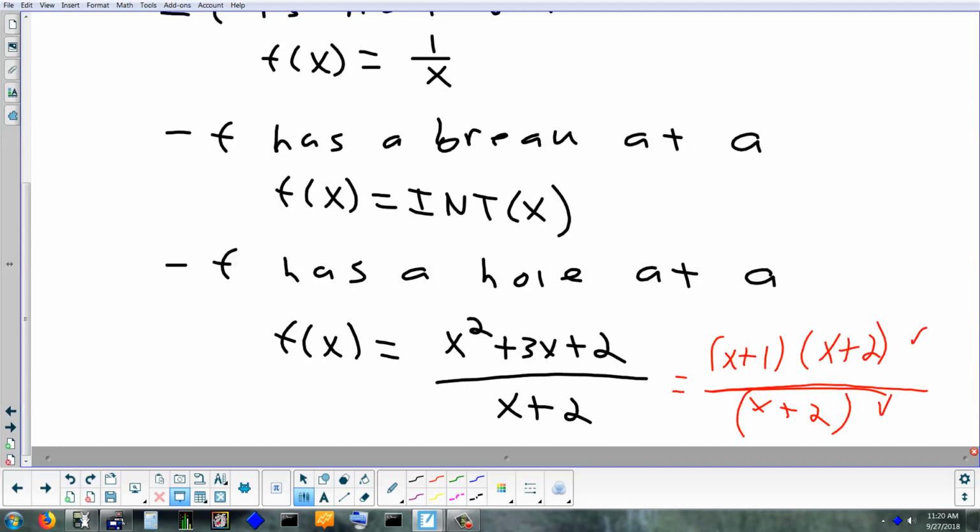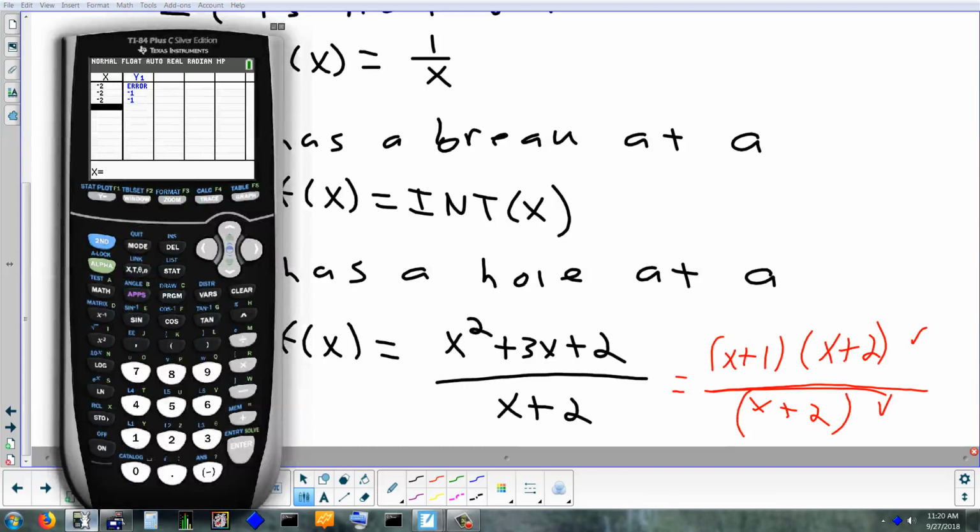When you have a common factor, it basically cancels, and what this graph really looks like is this. It looks just like the graph of x plus 1, except there's a hole in it.